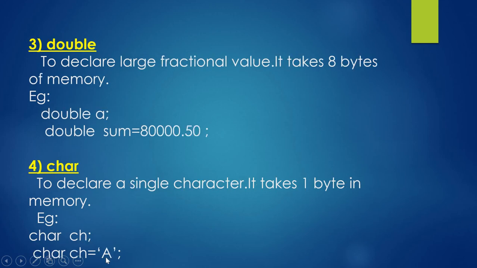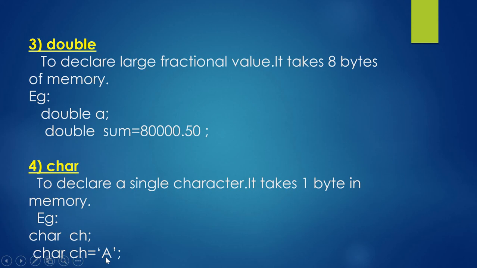Next, double. What's the difference between float and double? Double is also for declaring fractional values. Float and double are used to declare fractional values, but float takes 4 bytes and double takes 8 bytes of memory. For example, 10 lakh 0.50, 2 lakh 0.30, like that.